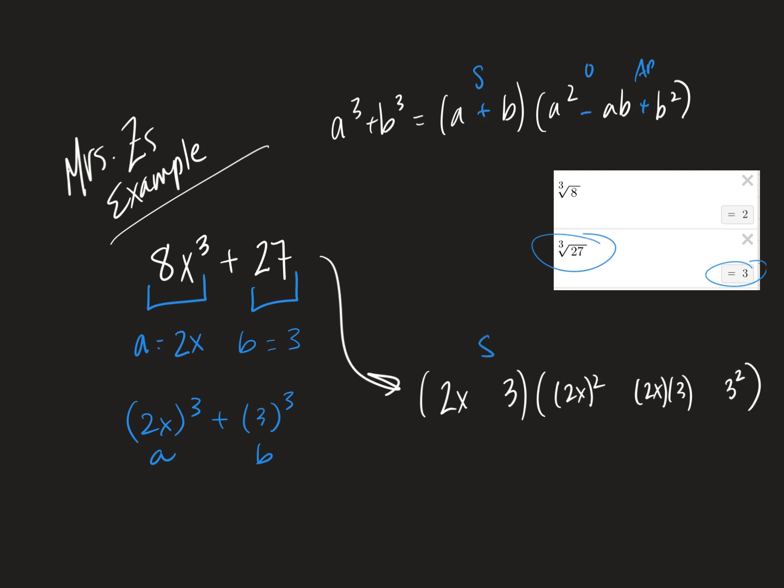So same, plus, opposite, minus, always positive, plus. Now let's simplify this. 2x plus 3. 2x to the second power is 2x times 2x, so that would be 4x squared. 2x times 3 would be 6x, and 3 squared is 9.